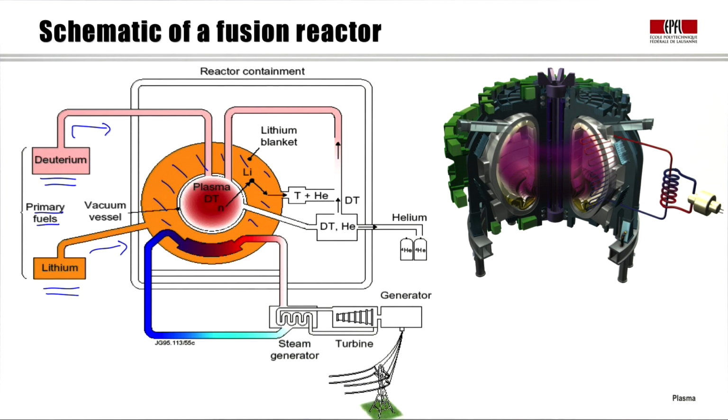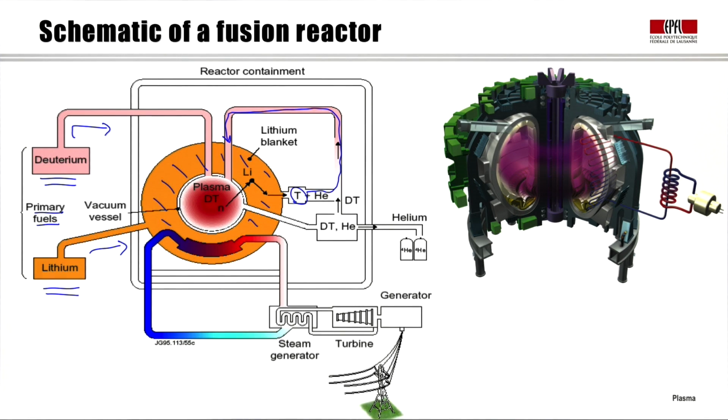Deuterium will be injected directly in the plasma. In the core of the plant, of course, we have the plasma itself, which will be hot enough to produce fusion reactions. The neutrons that are issued by these fusion reactions will react with the lithium in the blanket and form tritium. This tritium will be purified and then injected again into the plant. So no tritium will come in, no tritium will come out of the plant.